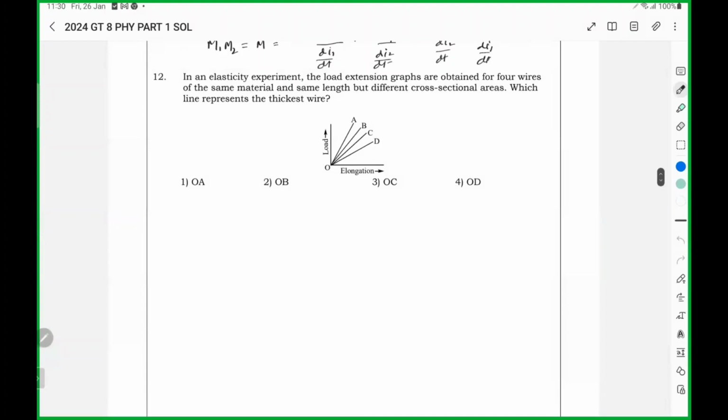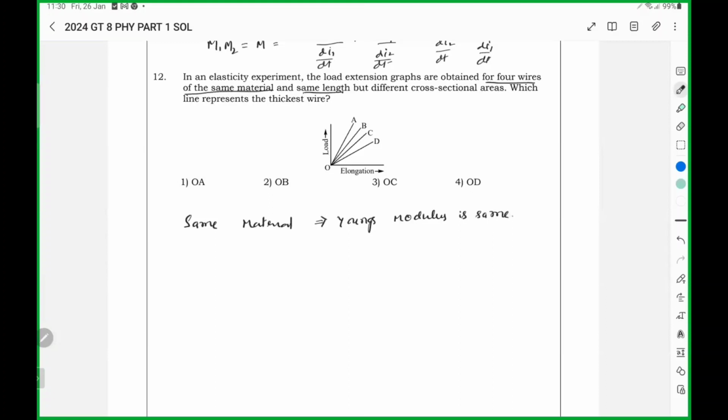So in this problem, he has given a graph between load and extension. First thing, for 4 wires of the same material. Same material means Young's modulus is the same.